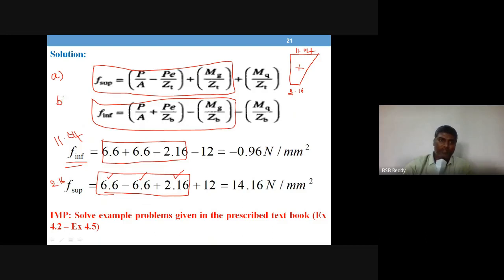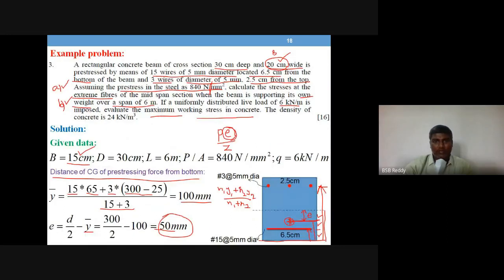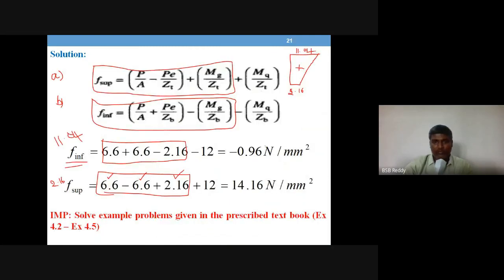This is one part of the question. The other part of the solution is the second part, when you have a UDL live load of 6 kilonewton per meter: what is the maximum stress in the concrete? Now the live load stress also you have to consider in total. So consider the full formula.